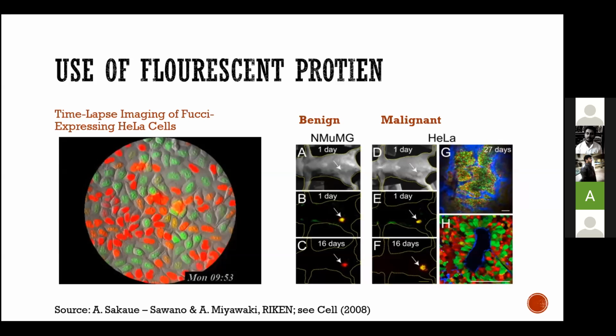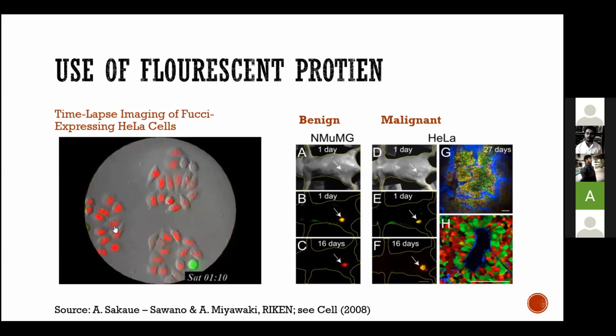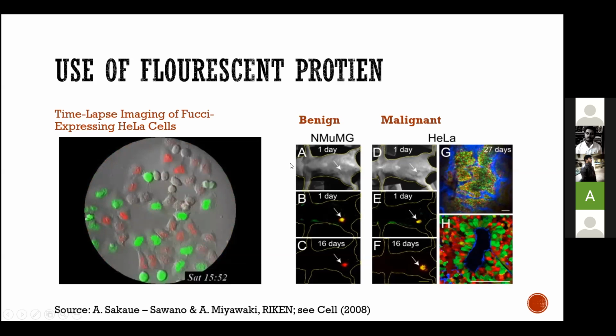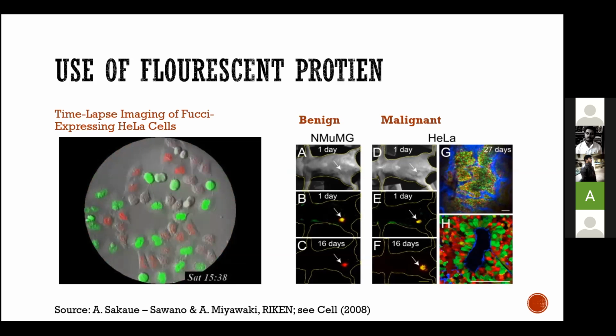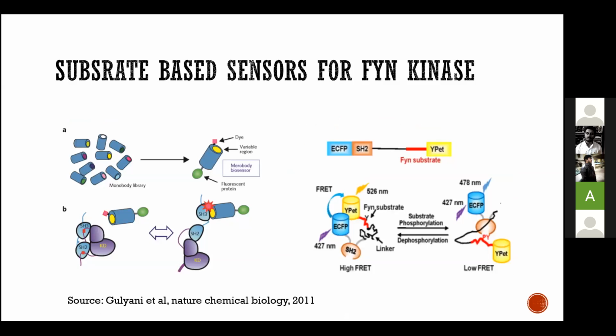So after the fluorescent protein was invented, they did these minor things. They introduced it, then they tried some preliminary experiments. And not until 2000 to 2011, people realized that this can be made into various kinds of sensors.